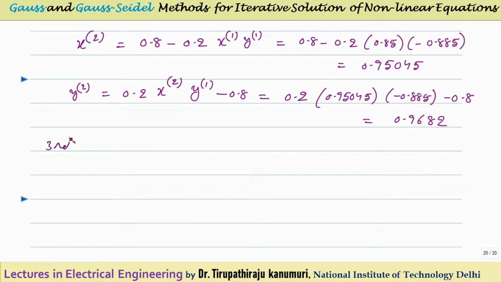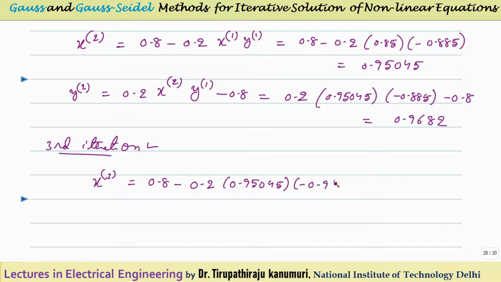Similarly, I will go for the third iteration. So here onwards I am just writing the answers, you can cross verify this one. x of the third iteration will be equal to 0.8 minus 0.2 times of 0.95045 minus 0.9682.